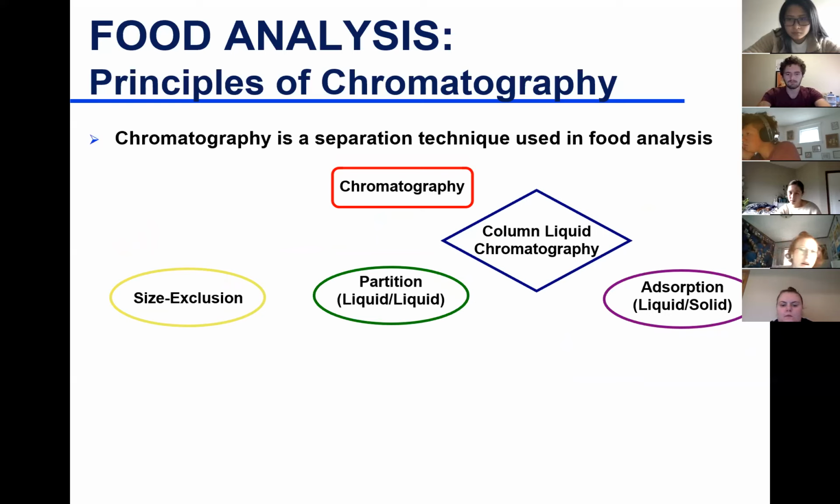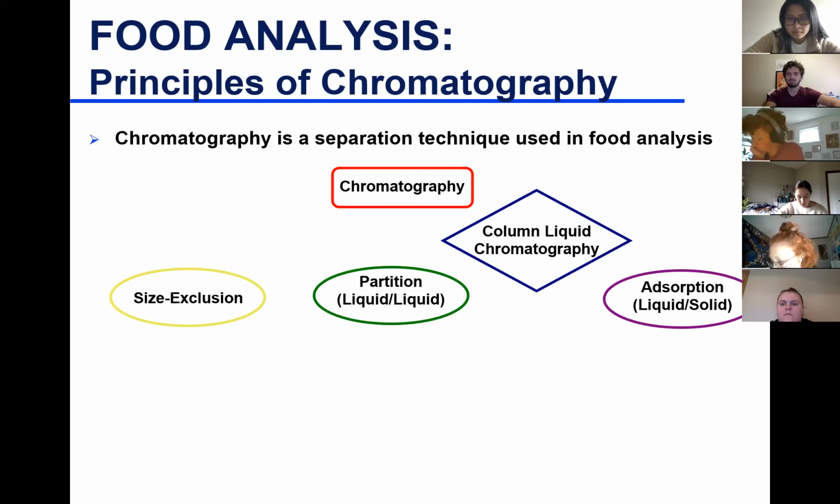In liquid chromatography, you also have size exclusion. We will learn about it, where separation is mainly based on the size of the molecules. So there are no really chemical interactions. They're just separating based on size. So there's no adsorption.